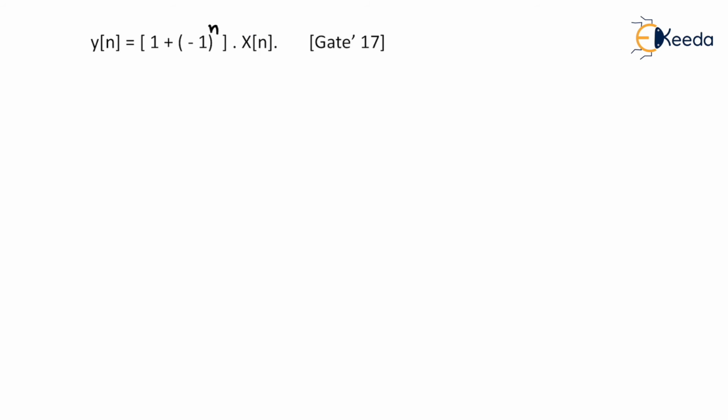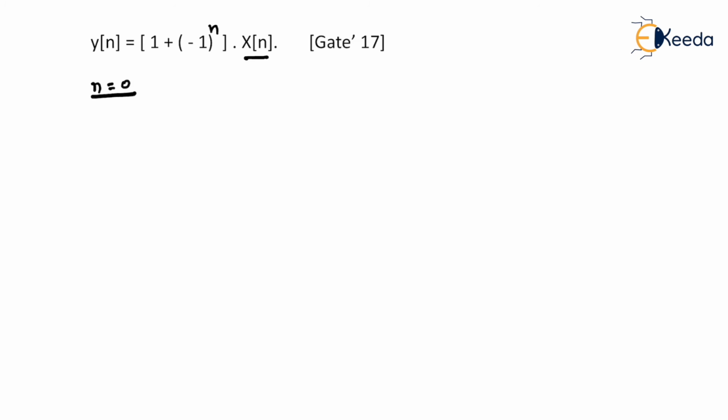So now we have y of n equal to 1 plus (minus 1) to the power n times x of n, right? So here I have to take different n values. Reason, this x of n is not known to me, so I cannot actually apply different inputs and check output. Okay, so what I'll do, I'll take n equal to 0.